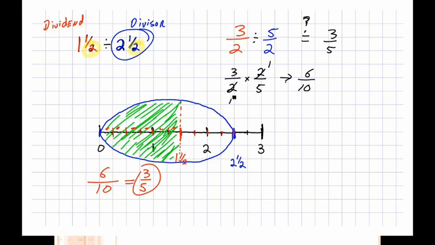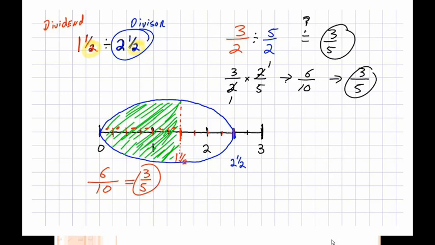So now we have 3/1 times 1/5, which is 3/5. Same answer. Okay, so the process is the same. It doesn't matter what numbers you have. All you need to do is figure out how big your number line needs to be and how to break it up, and where to label your dividend and your divisor, and then you just make your ovals.